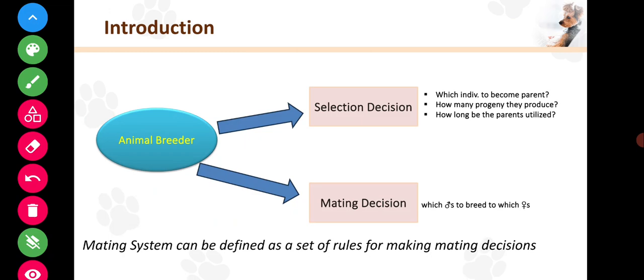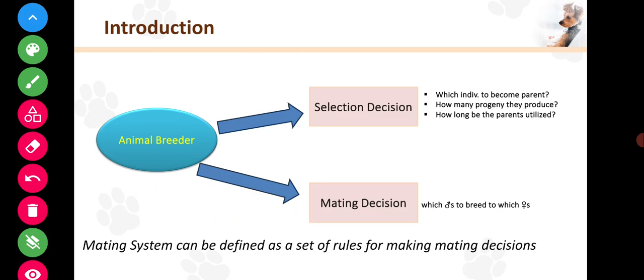So what is the selection decision? By selection decision, the breeder will decide which individuals become parents in the next generation, how many progeny they will produce, and how long the parents will be utilized. These are the three decisions taken as part of the selection decision.